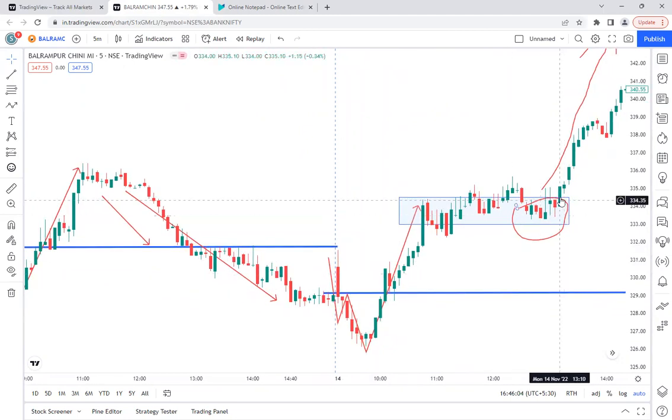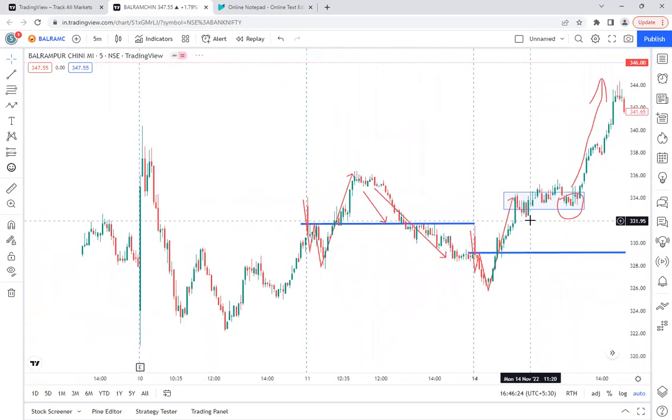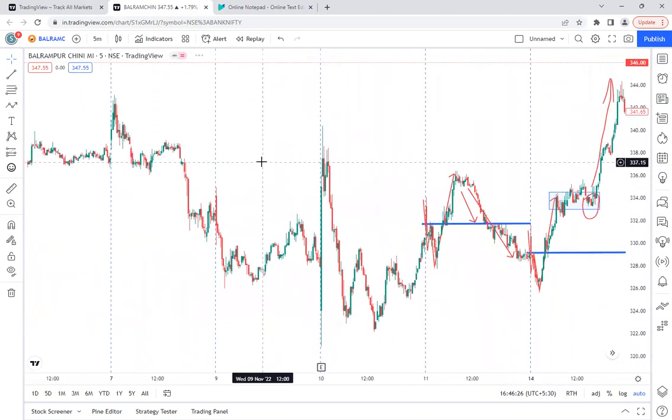They gave an impression that it is going down from here, but after spending almost 35 to 40 minutes, they started going in the opposite direction and reached the 344 level, which is the high here.